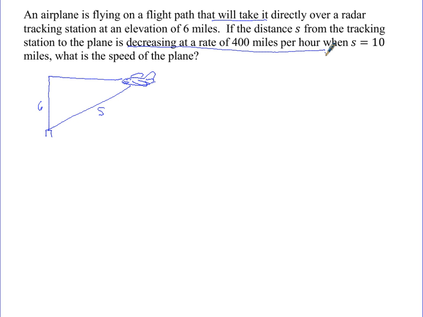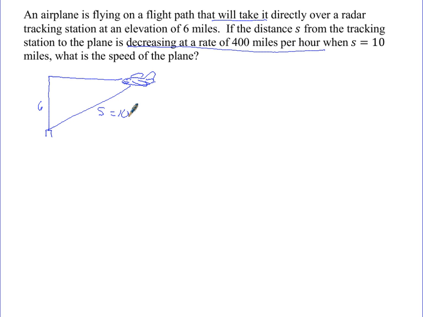All right, so we have 6, we have s. Do we know how far away the plane is, like horizontally, from the tracking station here? No, we don't. Okay, so when s equals 10, though? So we do know that this is going to be 10, right?